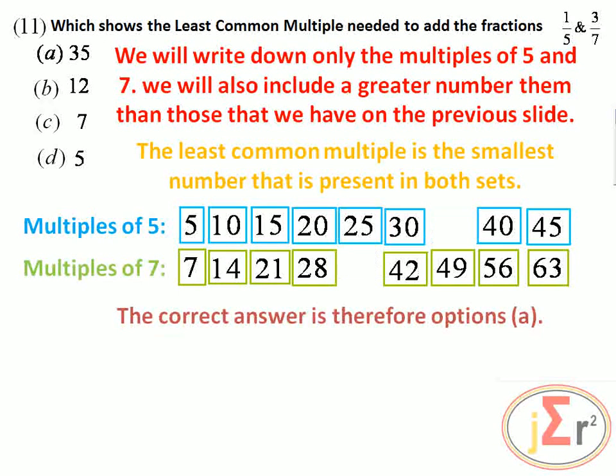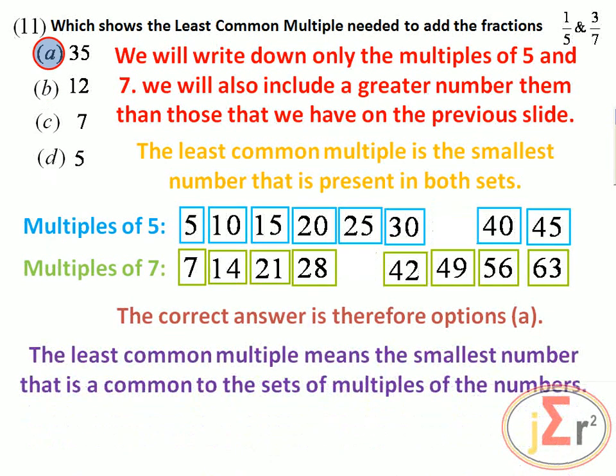The correct answer is therefore option A, as Jerry said before. The least common multiple means the smallest number that is common to the sets of multiples of the numbers.